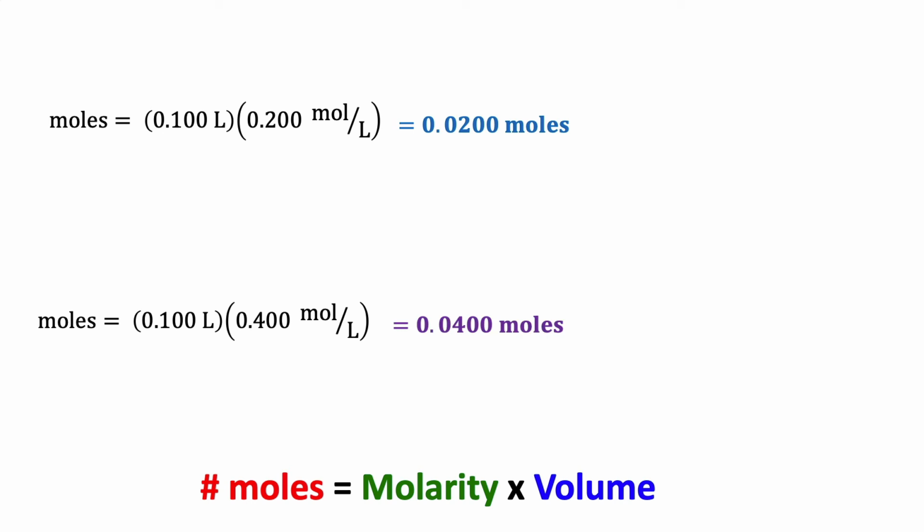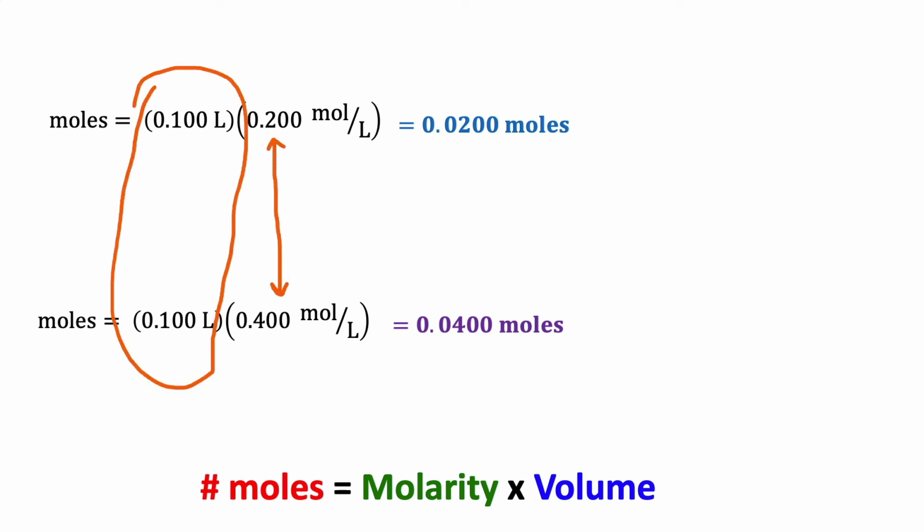So once again, I want you to notice that we have the same volume, but we have twice the molarity, so we have twice the number of moles. It really helps you as you do these problems to understand how changes in volume and changes in molarity relate to the number of moles you have in a system.